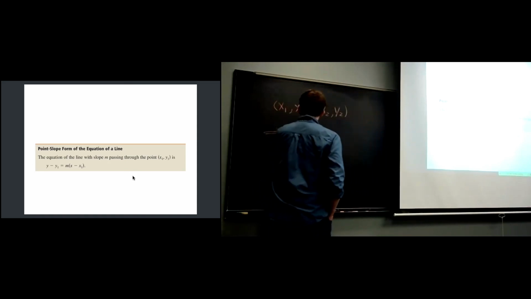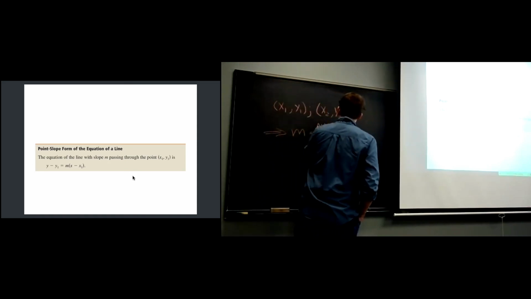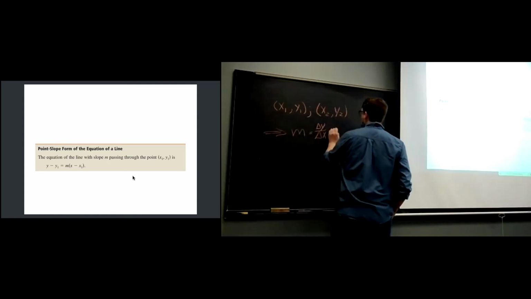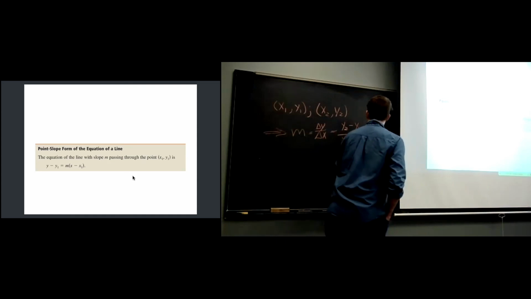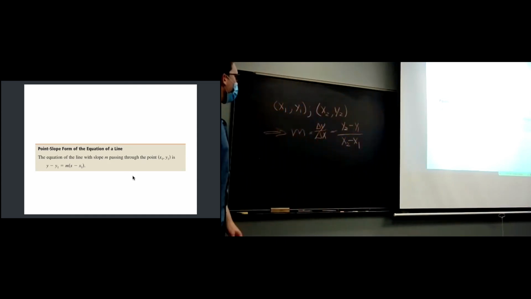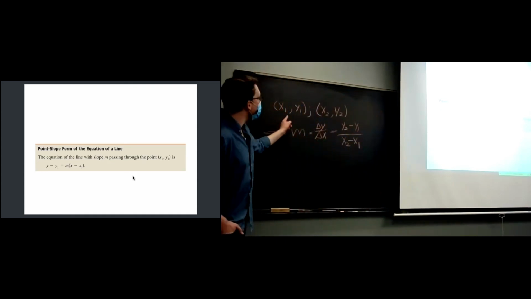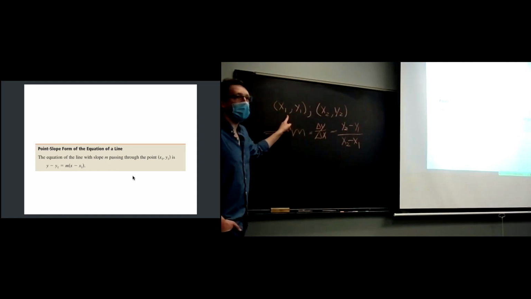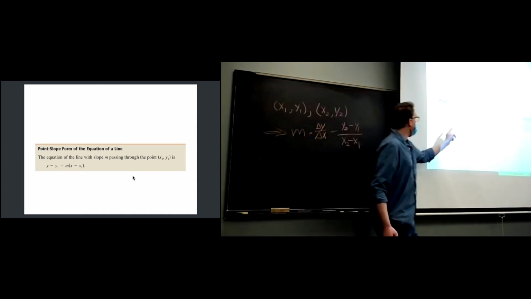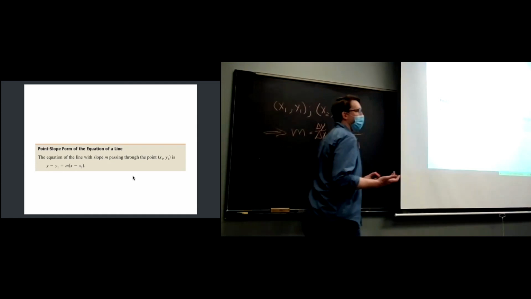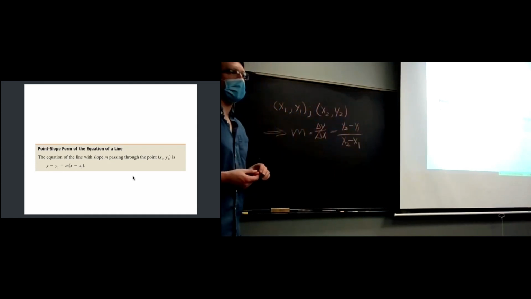This tells me what m is, my slope, right? From here, I can just plug in either my set of point 1 values or my set of point 2 values into y1, x1. It doesn't matter which set of points you use; you can use either set. Is that cool?